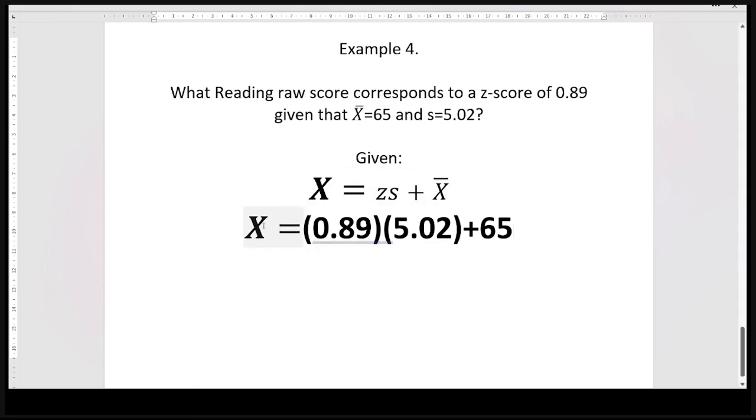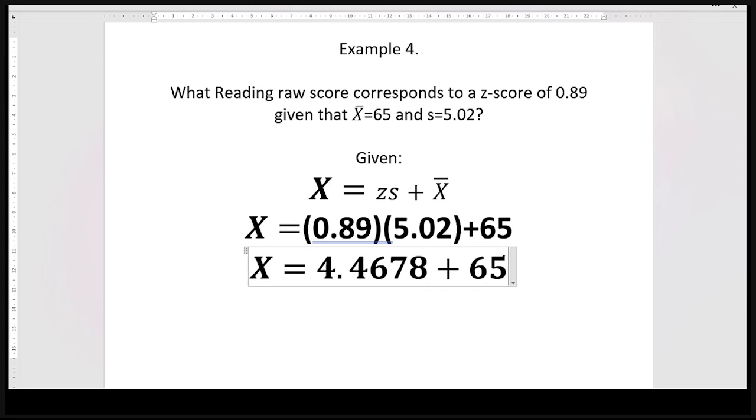And we have, okay, now 0.89 multiplied by the sample standard deviation 5.02, that's 4.4678, plus the sample mean, which is 65.